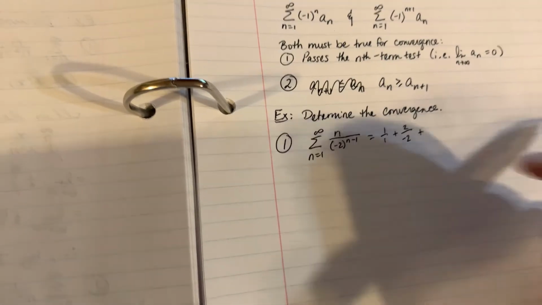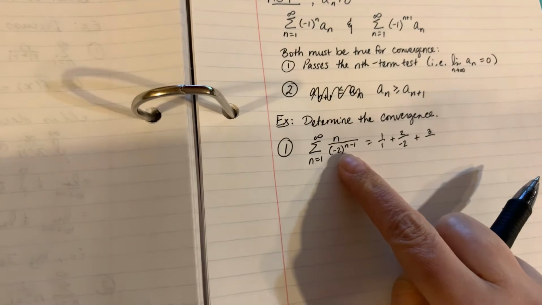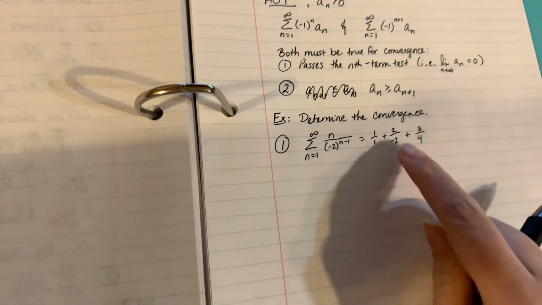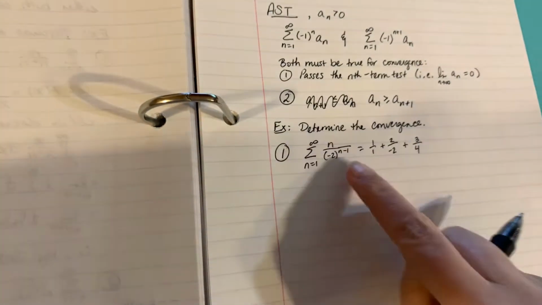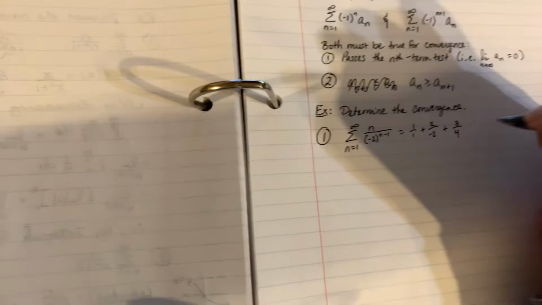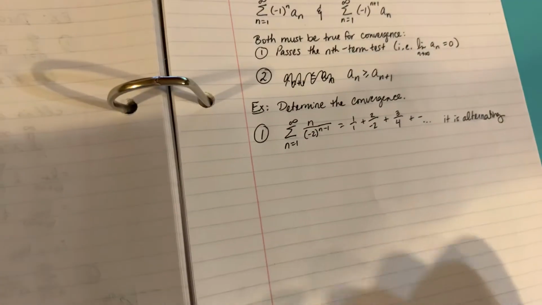And then n equals 3, you get 3 over (-2)^2, which is 4. And then the next one would be odd. So it's definitely alternating signs.